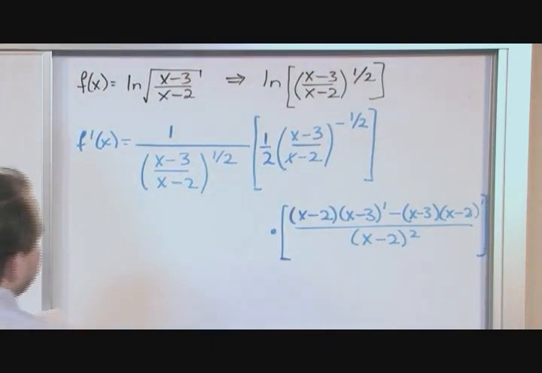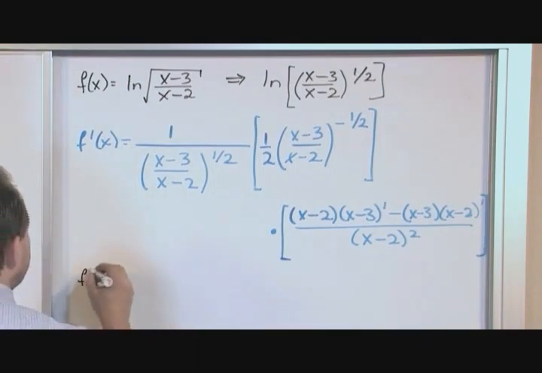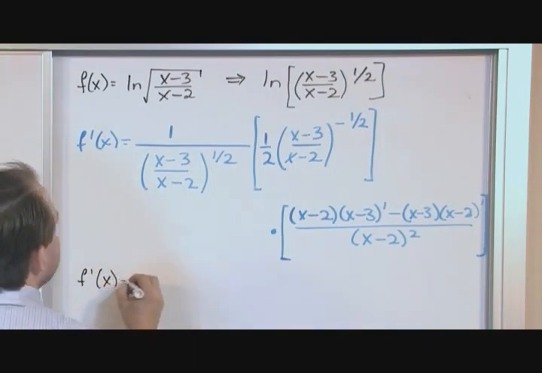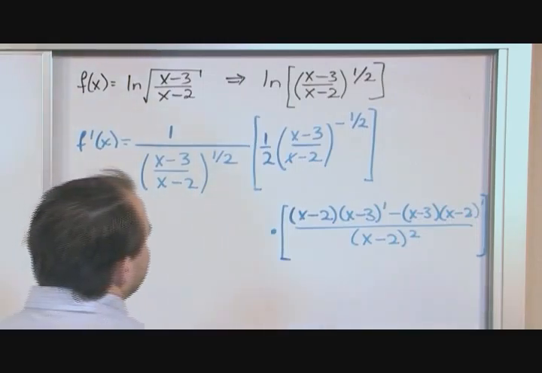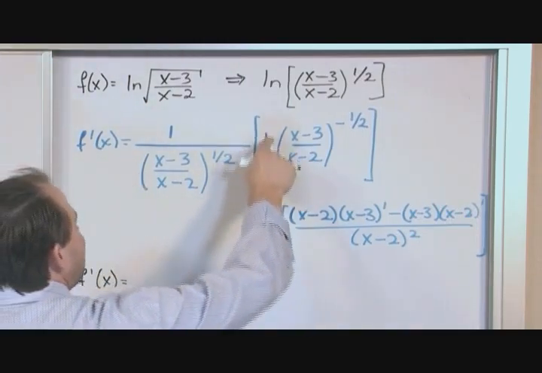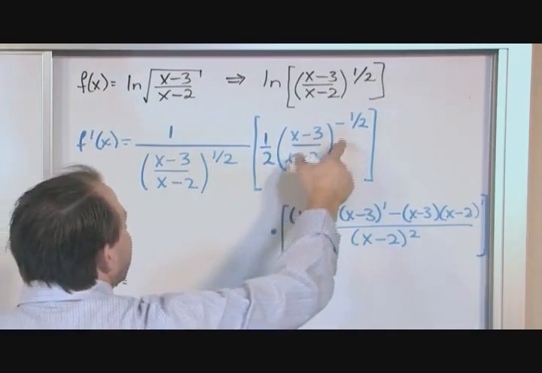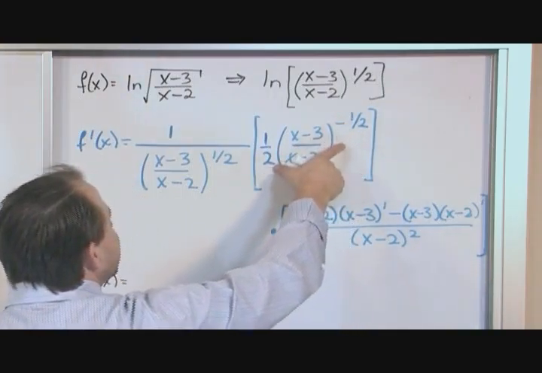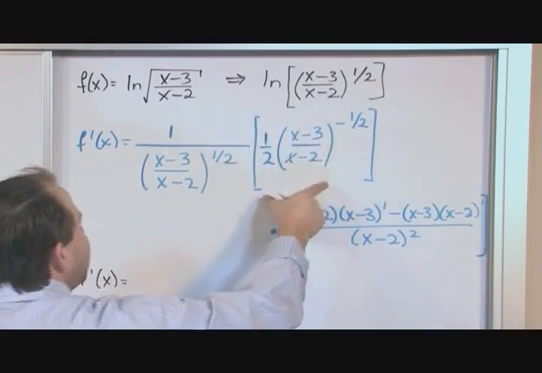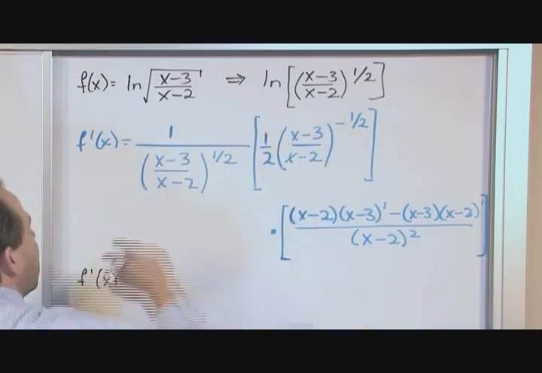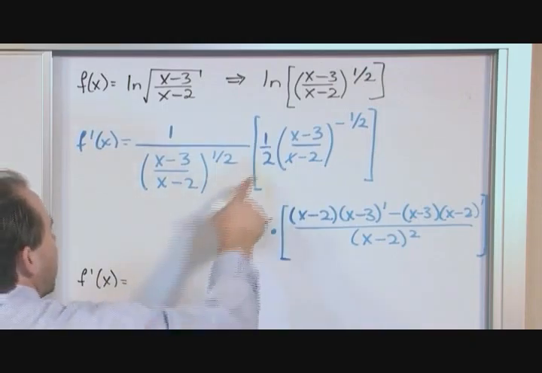So now it's just a matter of simplifying. So f prime of x is equal to, let's look at what we have, just to make ourselves a little bit more sane here. We have a 1/2, right? And we have this guy to the negative 1/2. So let me move this downstairs because this is looking exactly like this. Once I move it downstairs and make this positive, I'll have these two guys here, and then I'll have the 1/2.